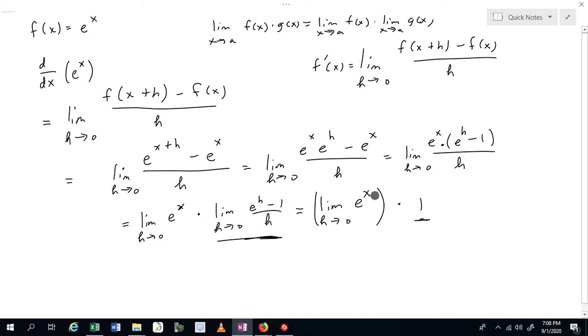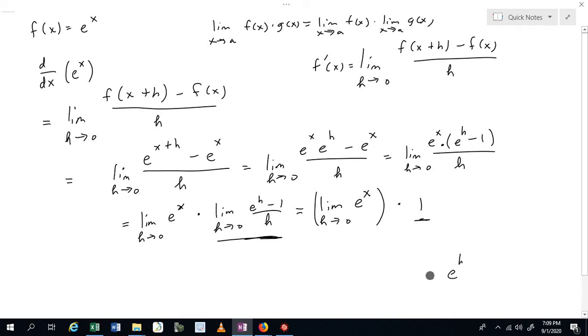h is heading towards 0, not x. So relative to h, right? h is changing here, x is not. So as h heads towards 0, you're always getting e to the x back. Think of x as a fixed value. As h goes to 0, this will always be e to the x power.